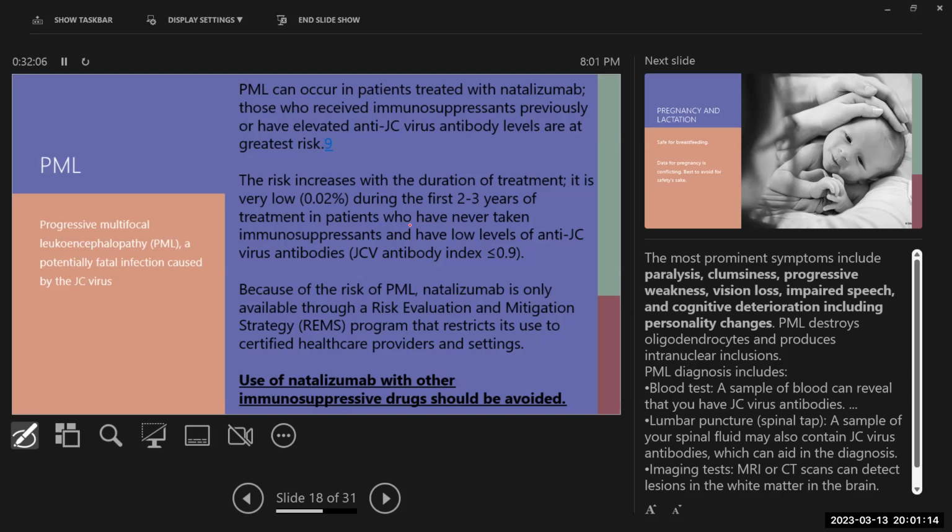And your immune system can't fight it because you're taking a drug that prevents the immune system from getting to the brain. So the risk at first is very low, 0.02%. As you continue on natalizumab, the risk increases.